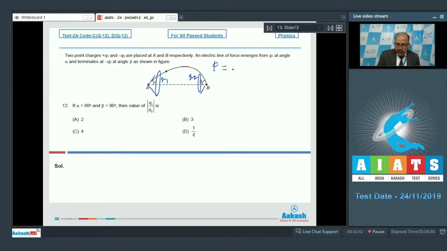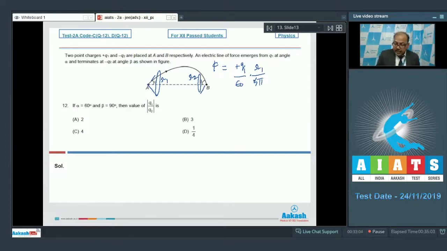Phi is equal to plus Q1 by epsilon naught. This will be the total flux that emerges from point A, but we have to only look at flux through this solid angle, and this is equal to omega 1 by 4 pi. 4 pi is the total solid angle around a point.